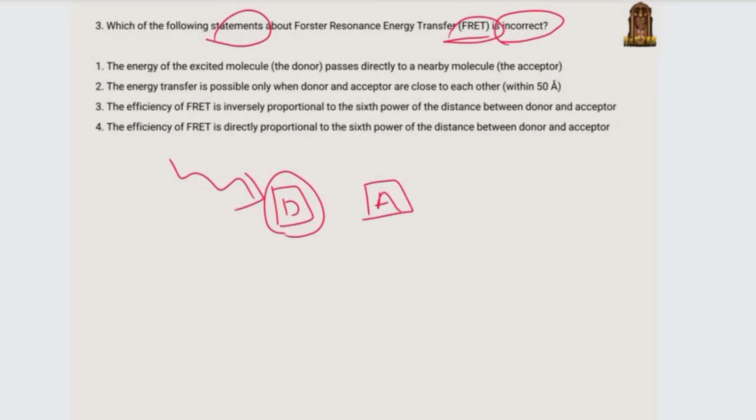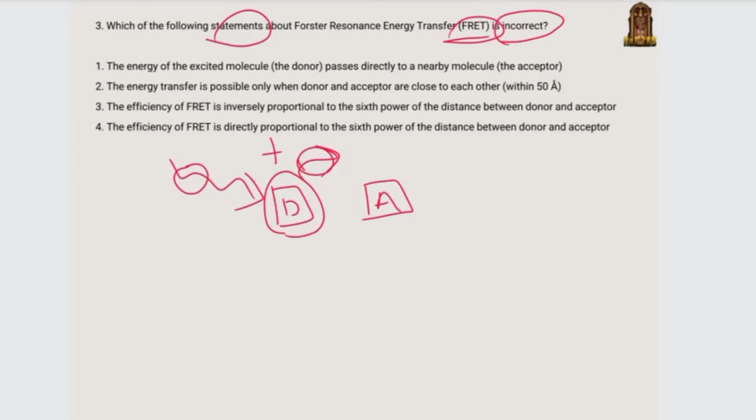So from the ground state, the donor will transfer into the excited state. In such a way, some heat energy will be lost and the rest they will emit. So this light will have higher energy and this light will have lower energy.